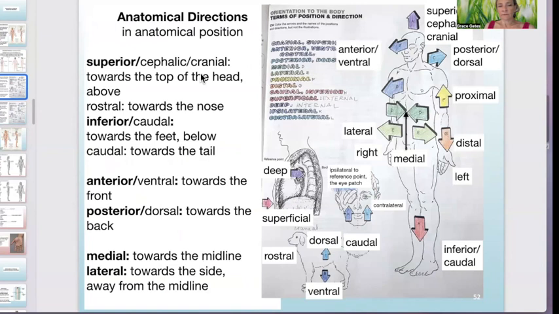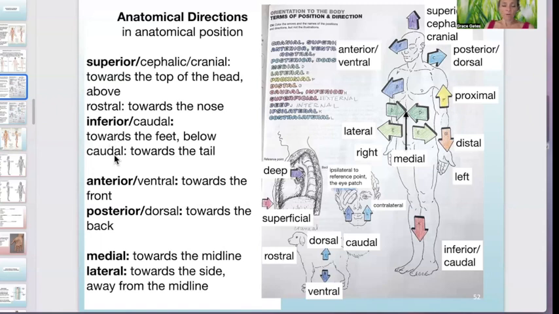And here is an explanation of the different anatomical directions. So superior means towards the top of the head or above. Inferior means towards the feet or below. Now, included in here in unbolded print is the word rostral, which is not used at all in this anatomy class, but it means towards the nose, as in towards the nose of a mammal with 4 legs.